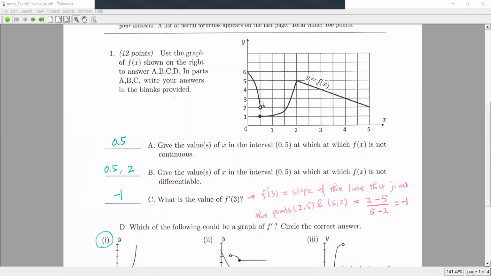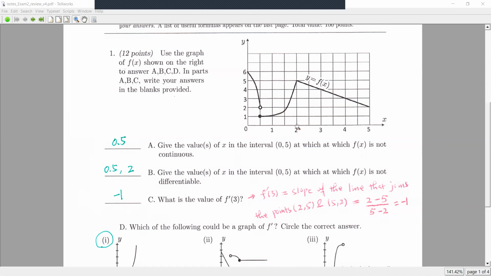When the graph is not continuous, there is no tangent line, because derivative is the slope of the tangent line. No tangent line, therefore no derivative. In other words, not differentiable.